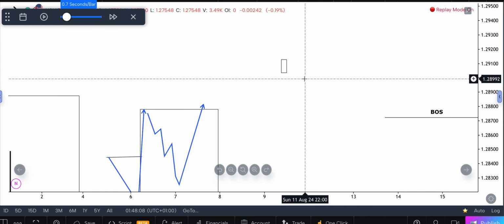We have swing high and swing low. Let's say price was selling, selling, selling, and got to a particular level. Price is going to do a swing high. That swing point is where price wants to shift, change structure and start buying.